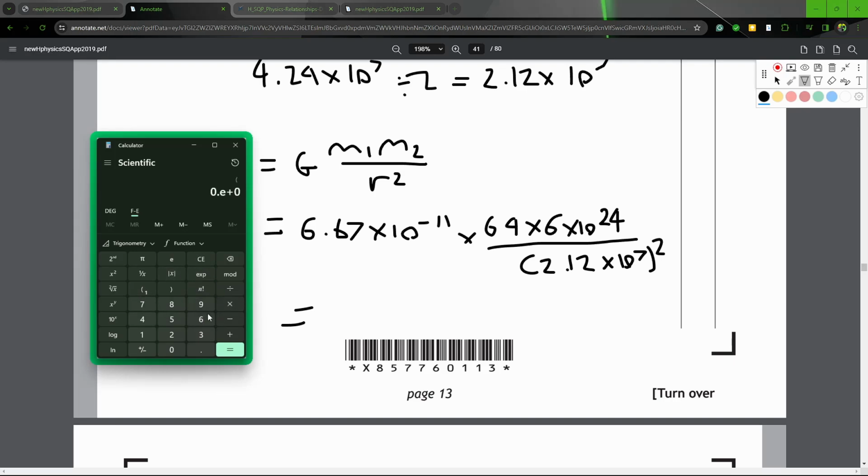Oh, I need to use brackets. Yep, we get this number, and then divide by the gravitational constant.